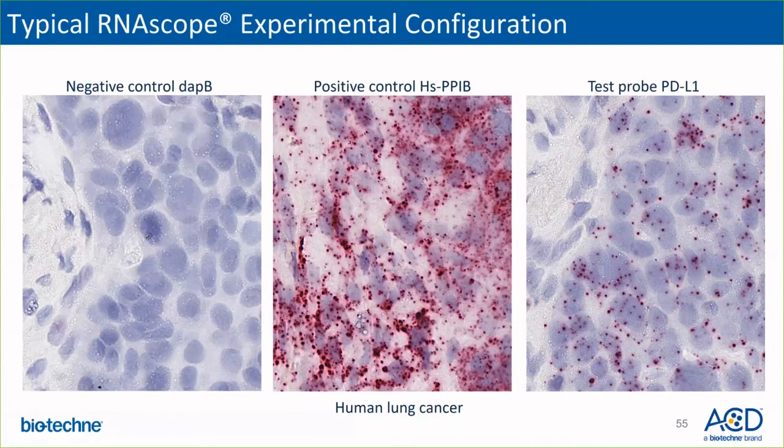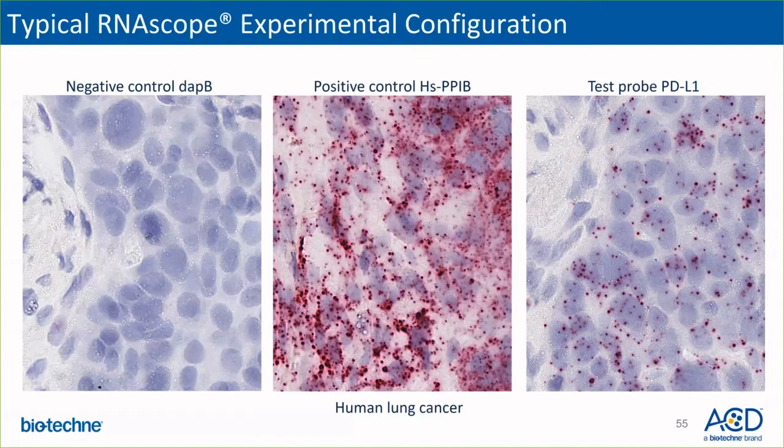As shown in the example, we are looking at the lung cancer sample probed for immune checkpoint marker PD-L1. PD-L1 exhibits a wide range of expression in tumor tissues. In this human lung cancer sample, we observed strong punctate dots with the PD-L1 probe, indicating that PD-L1 expression is present in this tumor sample.